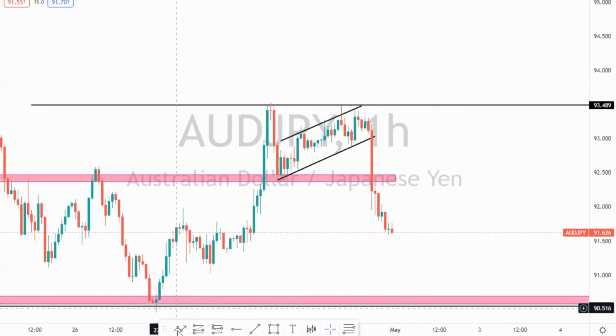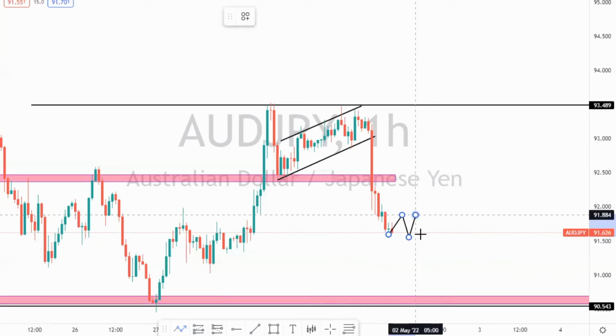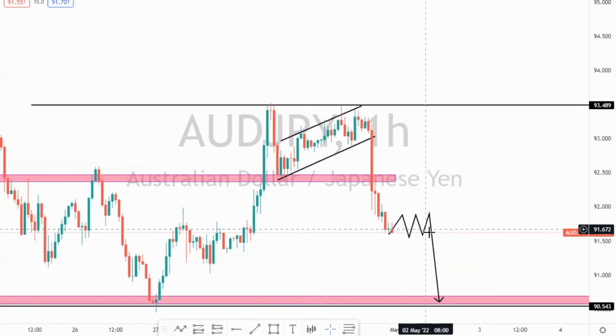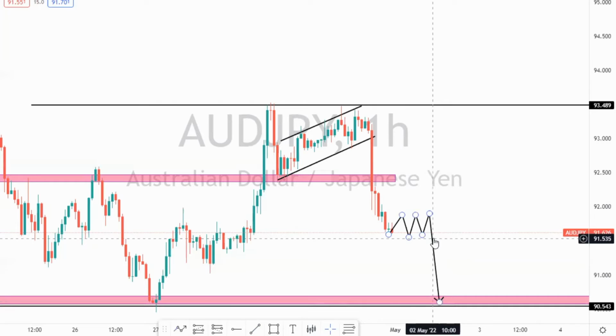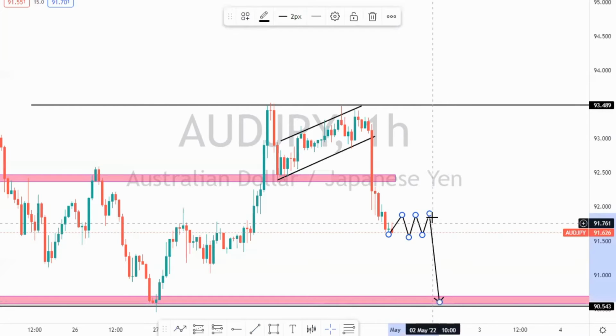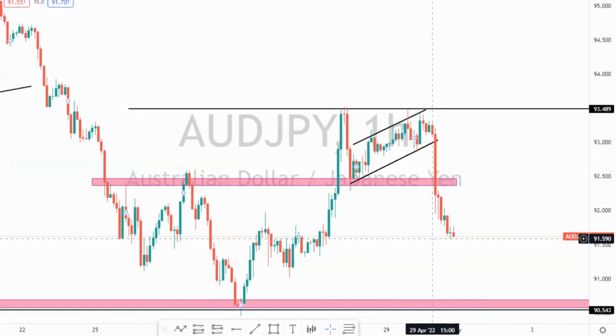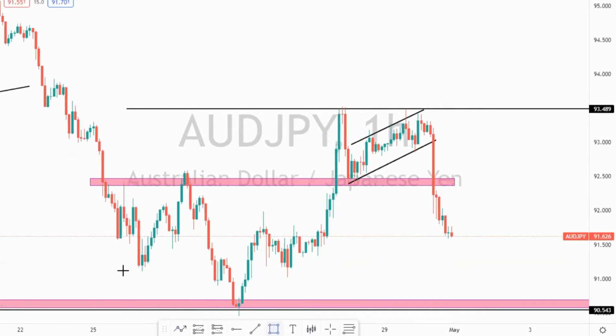If not a retest, we could wait for something like this, which is a reversal pattern, continuation to the downside. But that is just a probability and a possibility that could happen. So with that being said, let's identify another low, which is our take profit level.